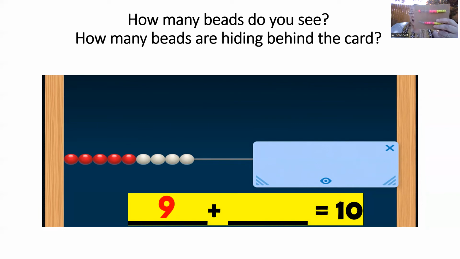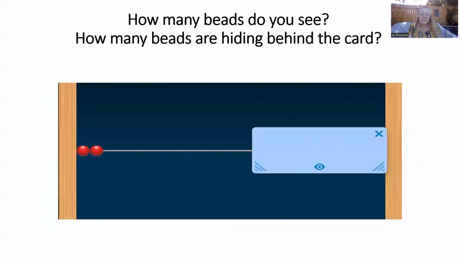And if there are 9 beads, how many more beads do we need to make 10? Yes, 1 more. Let's read that together. 9 plus 1 equals 10. Great job. Write that down on your paper. Good. Okay, let's go on.